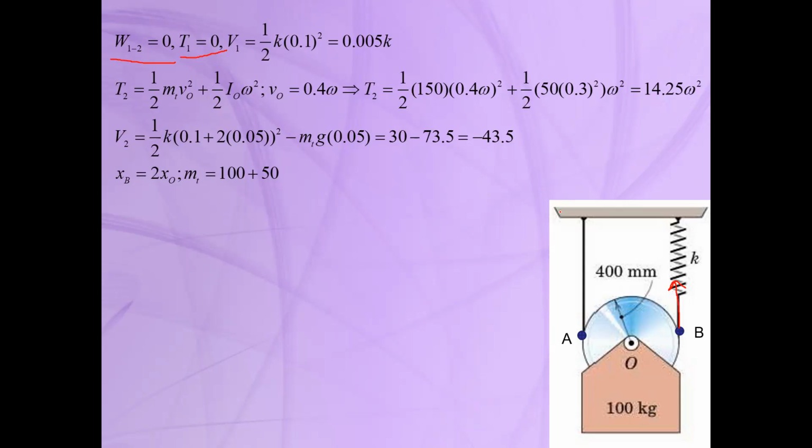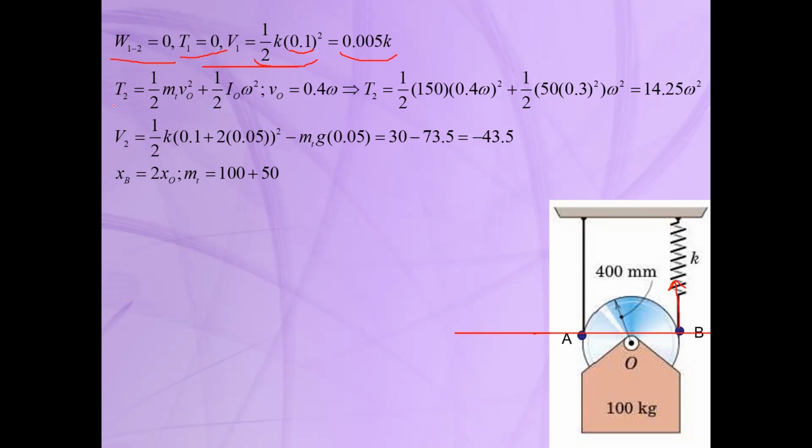And if we assume the initial position is the datum level for the gravity, the initial potential energy is just the potential energy due to the spring. It's equal to half k x squared, where x is 100 millimeter or 0.1 meter. So V sub 1, the initial potential energy, is 0.005 times K, where K is the stiffness of the spring. Now we need to obtain the kinetic energy.